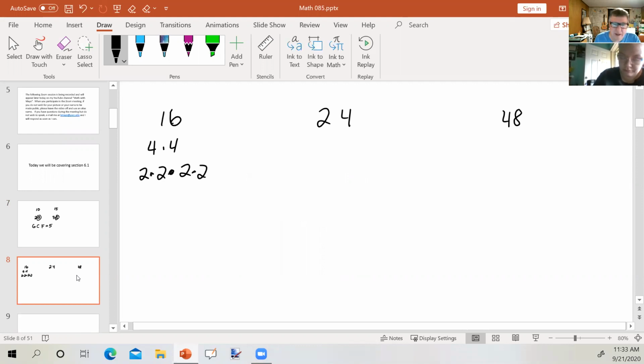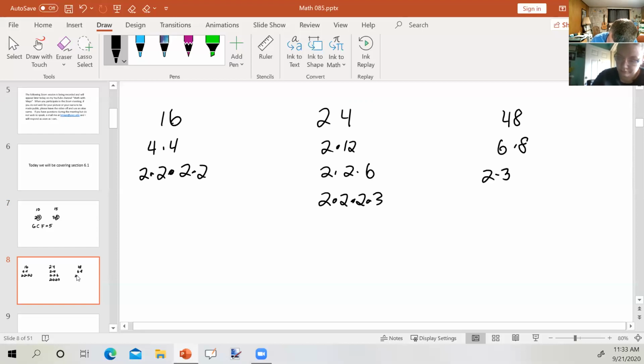So there's 4 factors of 2. 24 would be what? 2 times 12, 2 times 2 times 6, 2 times 2 times 2 times 3. 48 is, let's see, 6 times 8, 2 times 3 times 2 times 2 times 2, or 2 times 2 times 2 times 2 times 3. Okay. Typically, when we do prime factorization, we put them in increasing or ascending order.